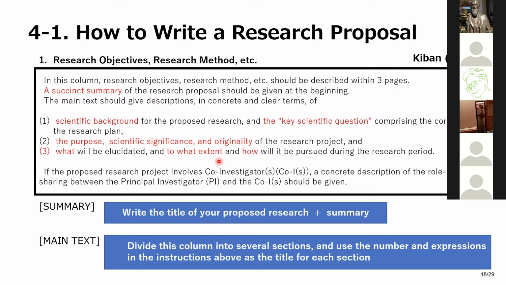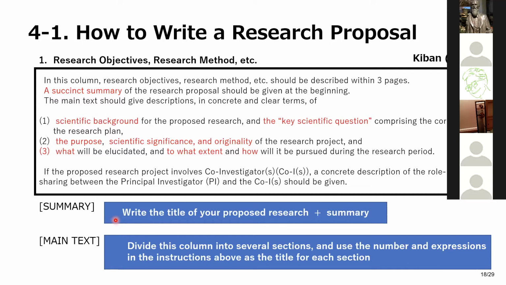And first of all, in this column, you have to write a summary of the research proposal. And then write the main text within 3 pages. The point here is not to write any lengthy explanations about how your research is important.